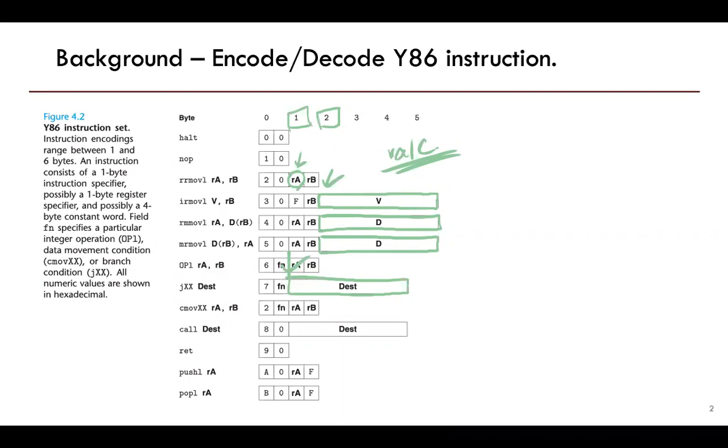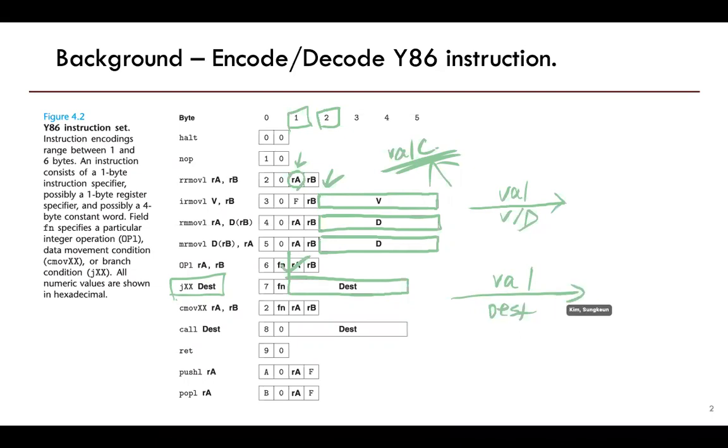So maybe you should recognize, okay, I'm fetching a jump instruction. Then to get valC, you can take the destination from byte 1. So then maybe you have two possible valC, like a valC for V and D, and another valC for Dest.